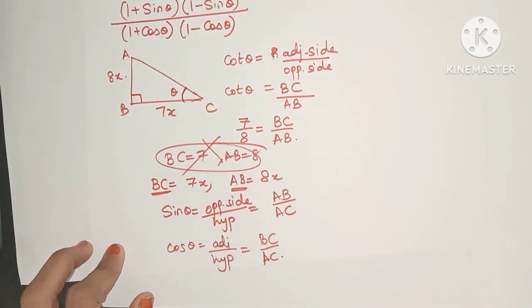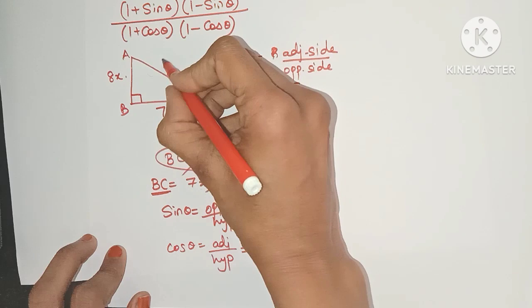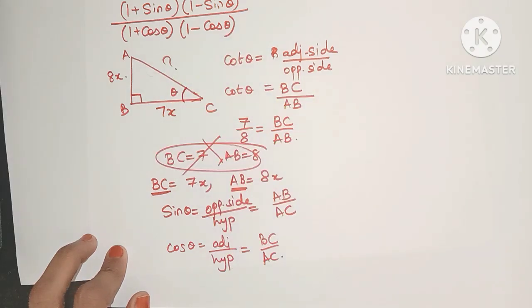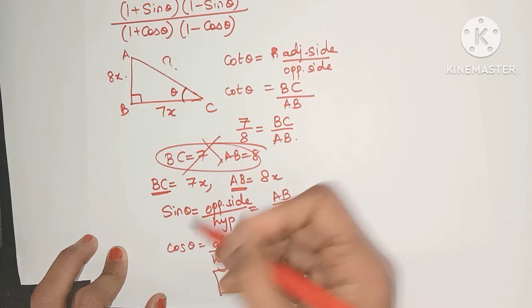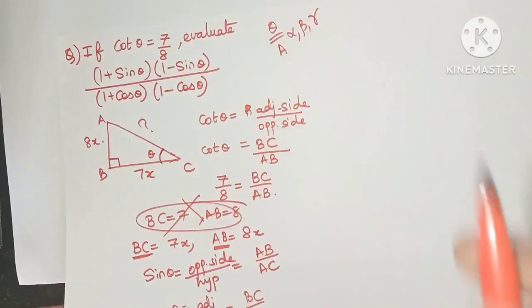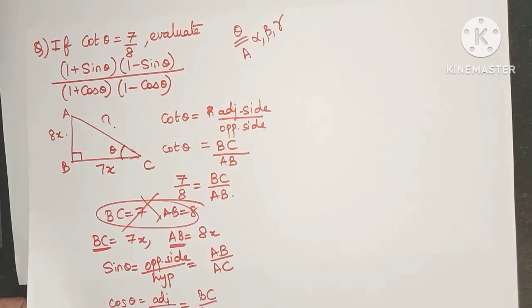Now, which is the unknown over here, friends? Can you spot? We know AB and BC as 8x and 7x, but we still don't know the hypotenuse. So our main target now is to find the hypotenuse. Once we find the hypotenuse, you can find sine theta, cos theta, and then easily evaluate this expression. Now, how do we find the hypotenuse? Can you recall?